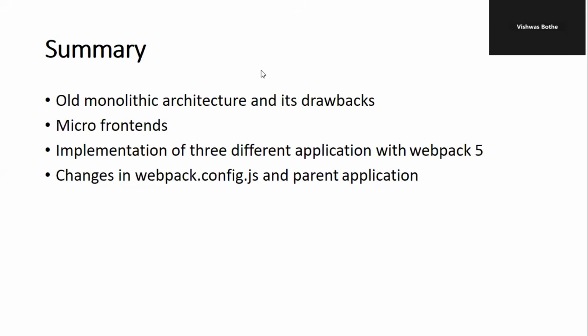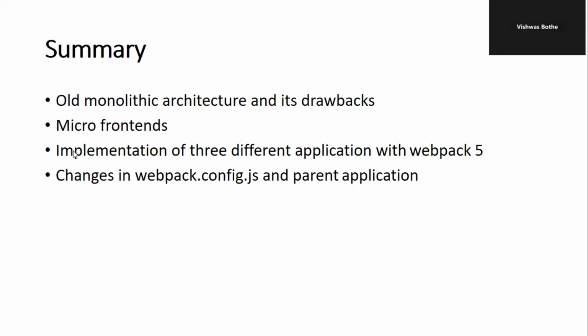Now, as the last step, let's summarize the things we learned today. First, we went through the old monolithic architecture and its drawbacks. Then we talked about micro front ends, like what micro front ends are, why we need them, how exactly we can implement them, and how they overcome the drawbacks of the old monolith architecture, right?